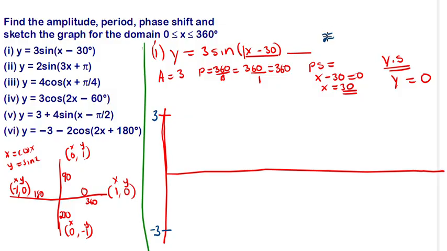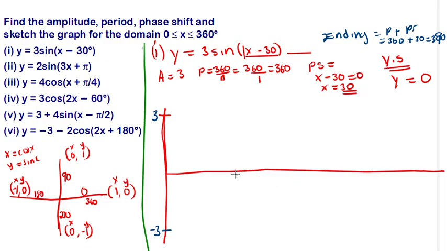Let's find the ending point of the graph. The ending point of the graph will be the period plus the phase shift, of one cycle. So it will be 360 plus 30. The answer is 390.